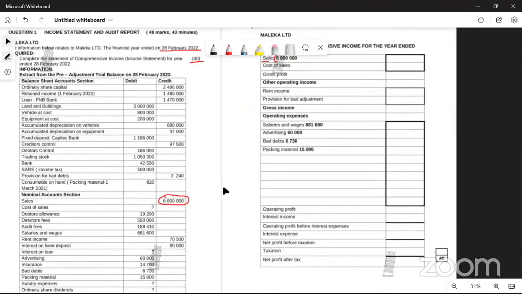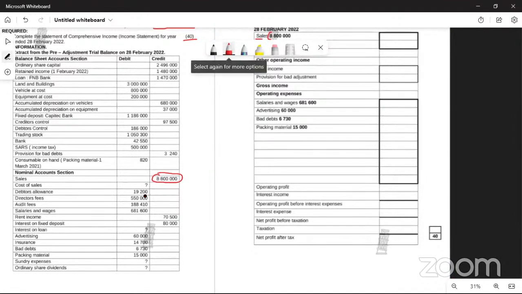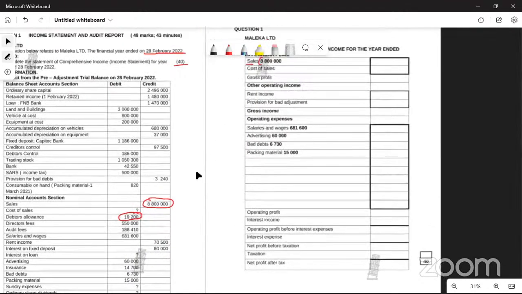Then check, do we have debtors allowance? We are still checking from the pre-adjustment. The sales are from the pre-adjustment, the debtors allowance from the pre-adjustment. So first thing is, we have debtors allowance of 19,200 rand.